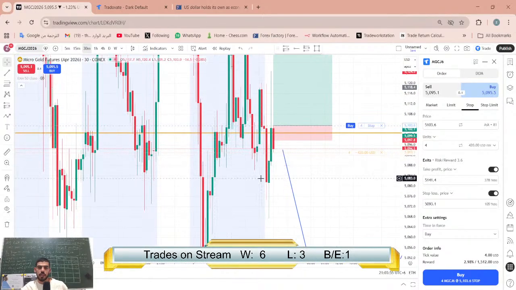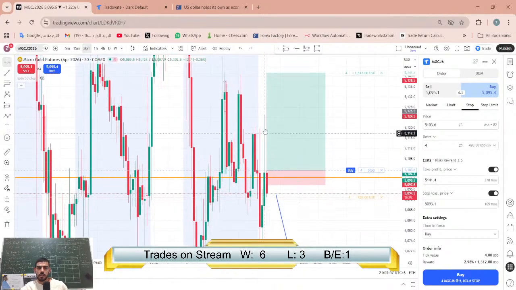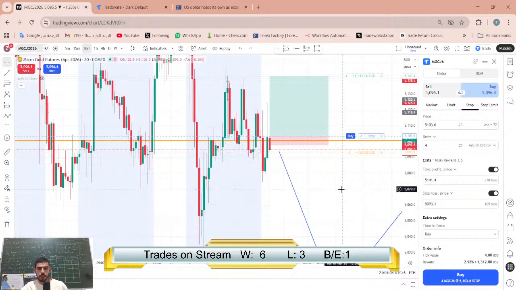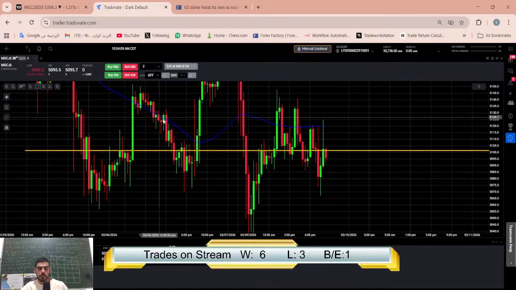And it grabbed all the liquidity from the downside, also from the upside. So let's see if it's actually going to move up.